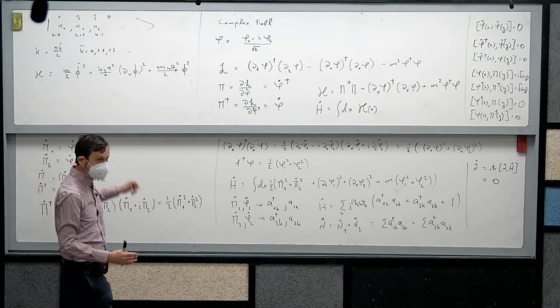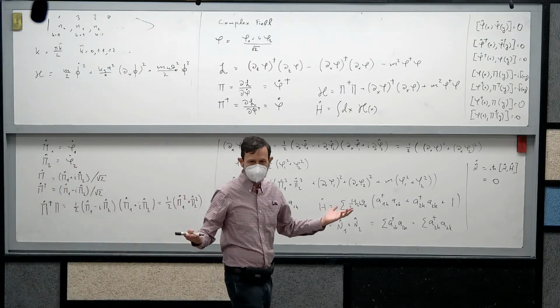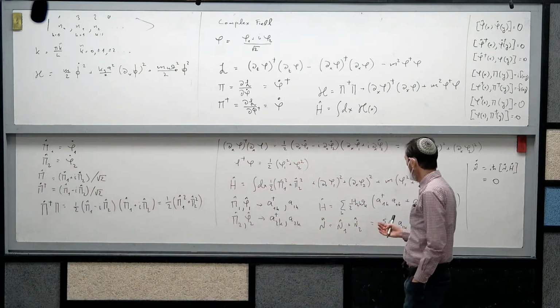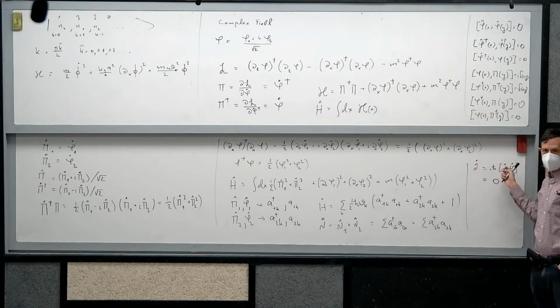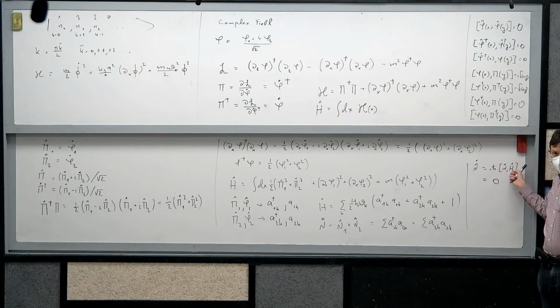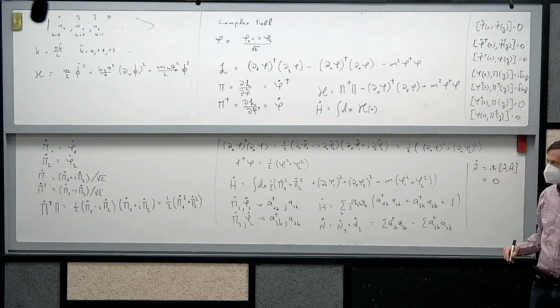So the occupation stays the same, therefore nothing changes. If you want to be a bit more mathematical, I write down this relation, and I can go and do the commutation relation and show it explicitly.